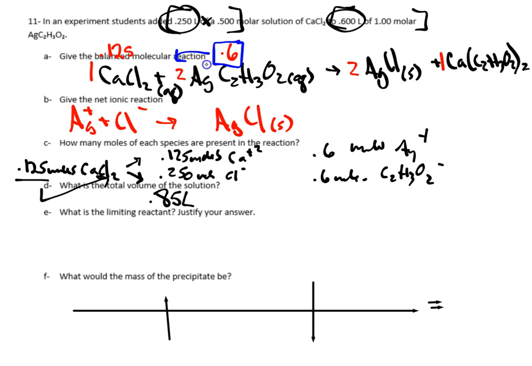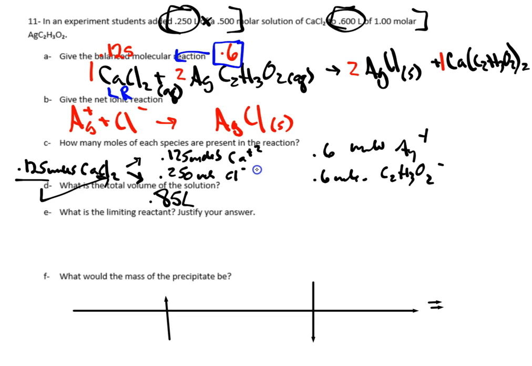Yes, it is, which means that this is your limiting reactant. The justification would be you need twice as much silver nitrate as you do calcium chloride. You have that amount, so the calcium chloride must be your limiting reactant. That sentence or paragraph or whatever makes sense.